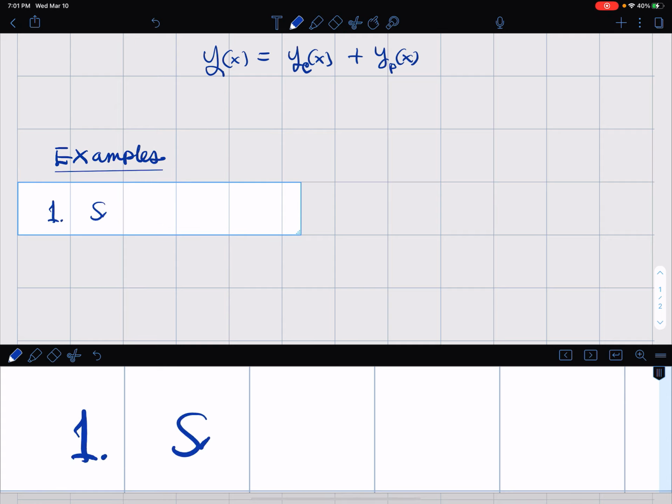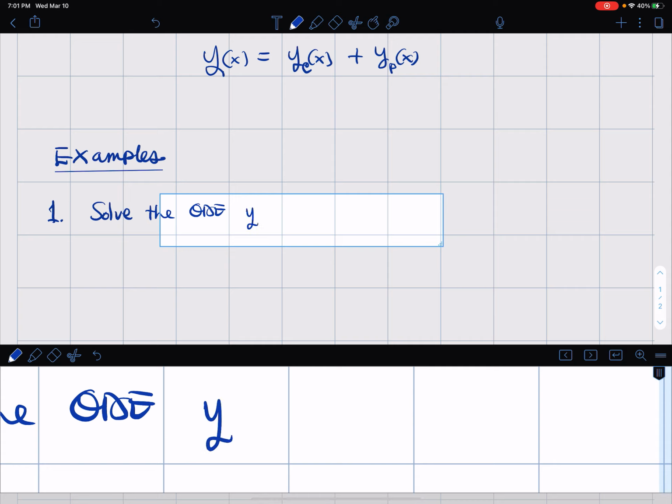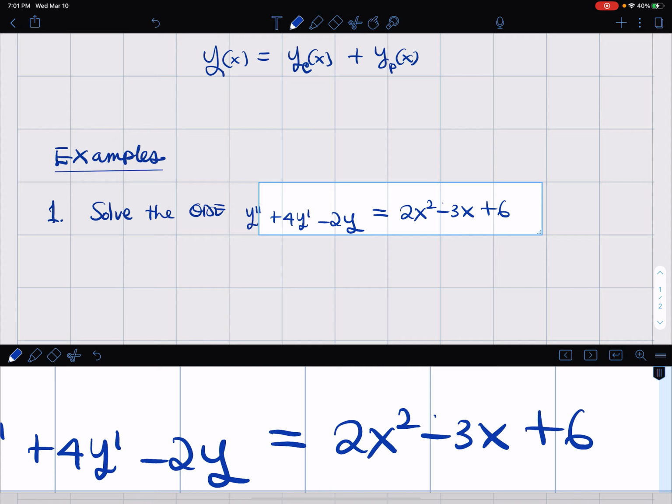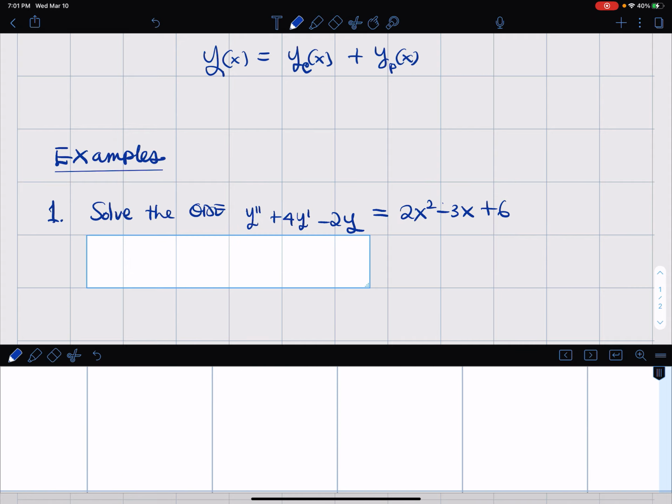So let's solve the ODE: y double prime plus 4y prime minus 2y equals 2x squared minus 3x plus 6. All right, let's do it step by step.